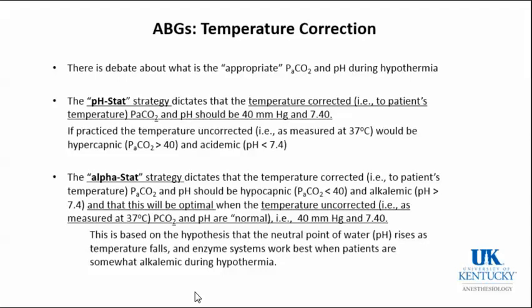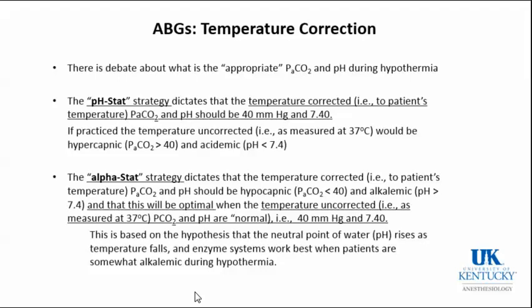If that's the strategy you use, then the temperature-uncorrected gases measured at 37 would be hypercapnic. In other words, the PCO2 the lab would report would be higher than 40, and they would be acidemic. The pH would be less than 7.4. This is sort of how we ran hypothermic cardiopulmonary bypass until about 1983. We kept the gases what we called, quote, normal.